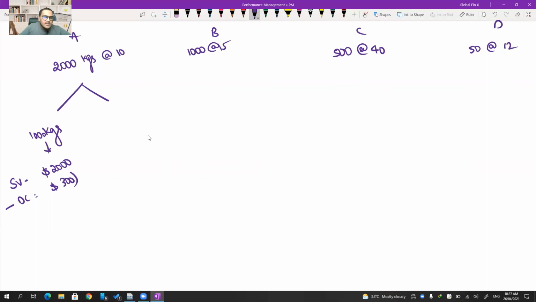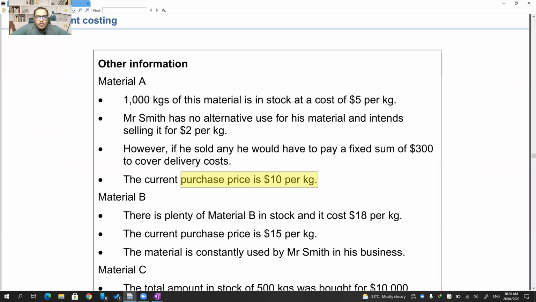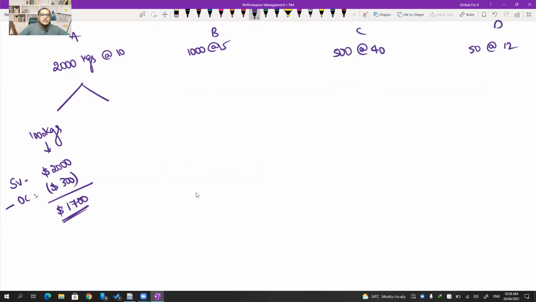So your net realizable value from that 1,000 kgs, if you are not using it in the project, is $1,700. If you don't use that 1,000 kgs in this particular project, you will sell it for $2 per kg, $2,000 you will get. You have to pay $300 delivery. So 1,700 is your net relevant cost of this 1,000 kgs.